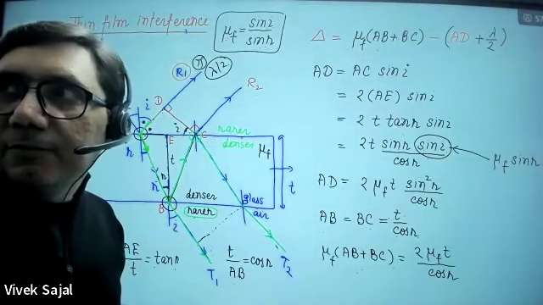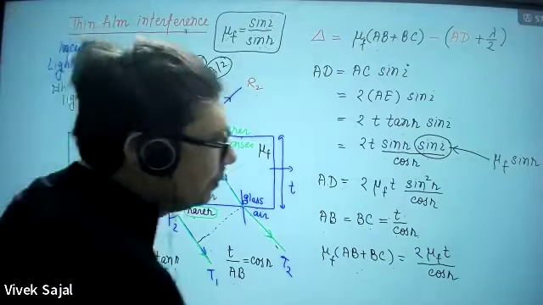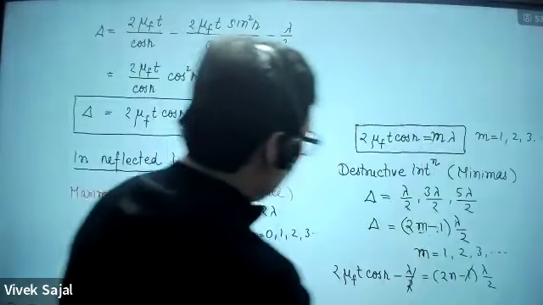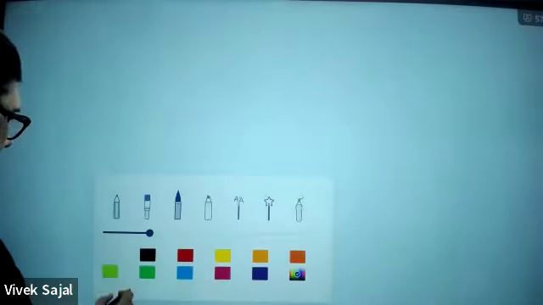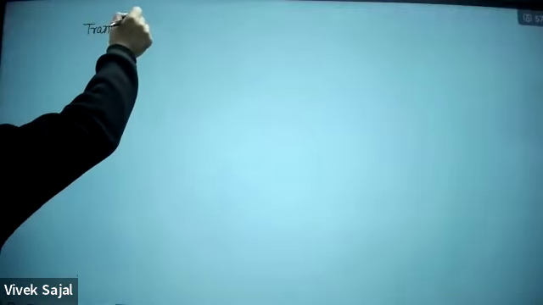So what will be the path difference between T1 and T2 in the transmitted light?